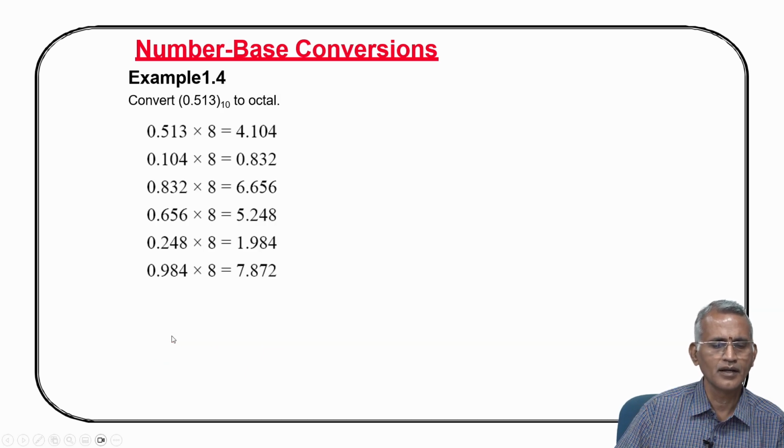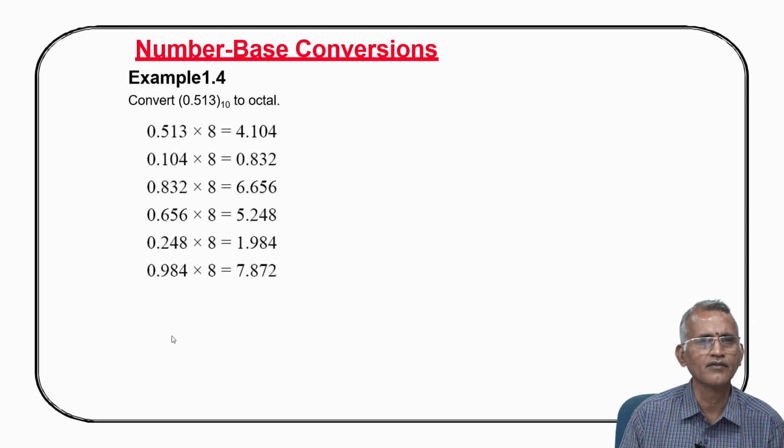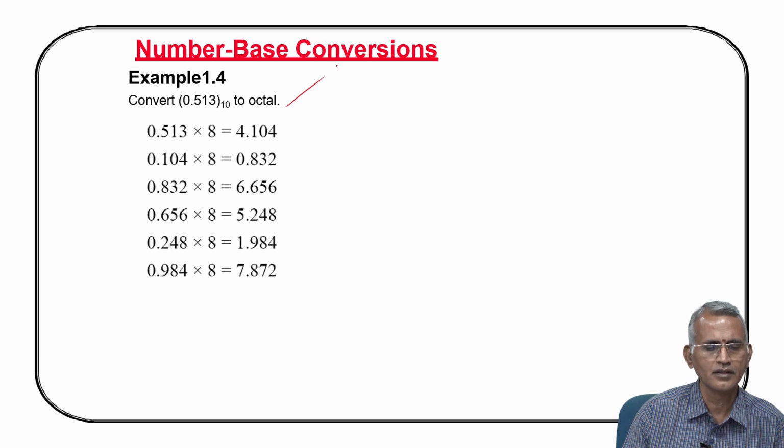Now, another example, example 1.4, states: convert 0.513 base 10 to octal. So 0.513 into 8 is 4.104. Now, we have the integer 4 and the decimal 0.104.